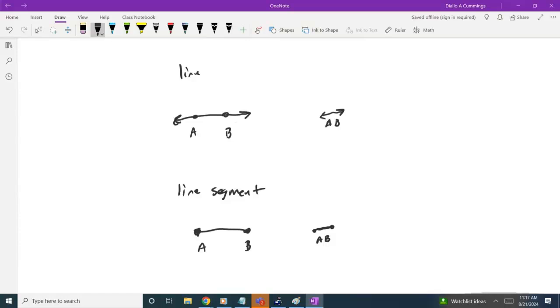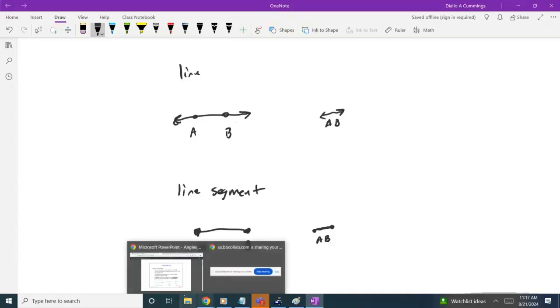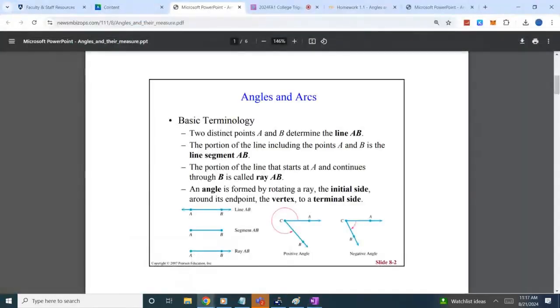So all this is actually building up to an angle, right? We don't actually use these notations in this course, but as we build up to the angle concept, it becomes apparent. The portion of the line that starts at A and continues through B is called a ray. A ray has one endpoint and it extends forever in the opposite direction.